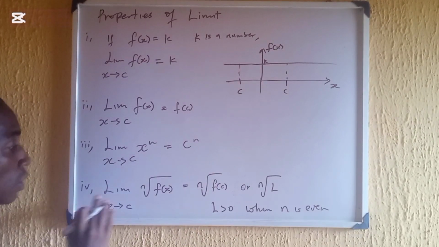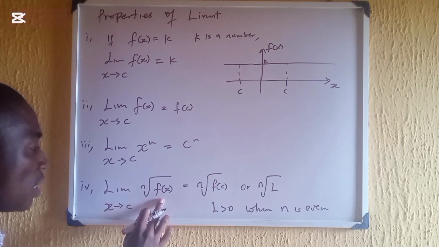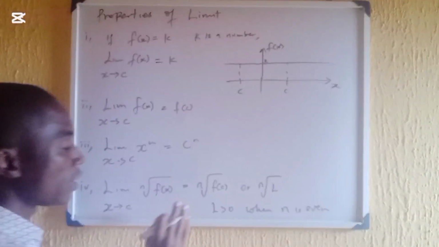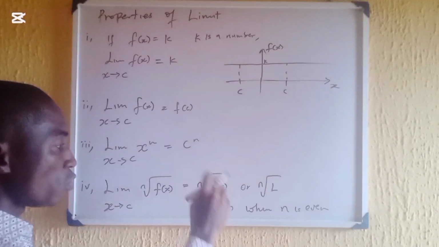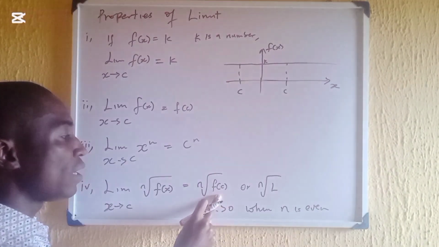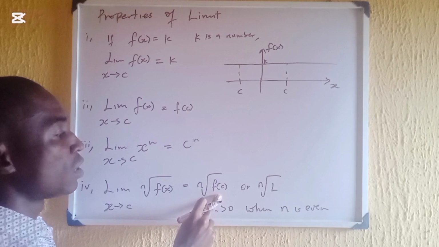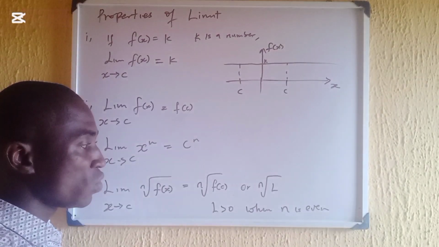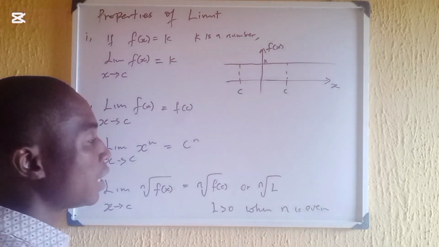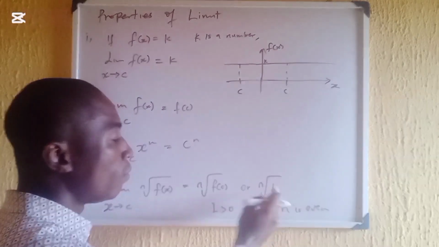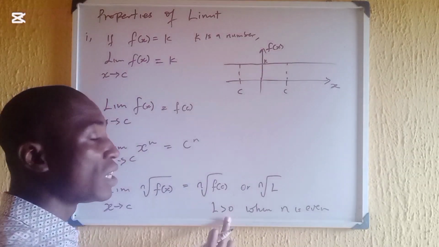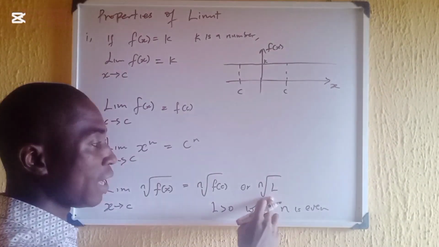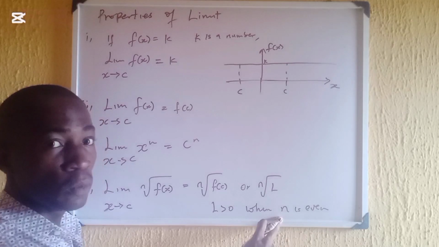Then for the fourth one, limit of the nth root of f of x as x approaches c is equal to the nth root of f of c. So replace x with c in the function, but if replacing it gives you something intermediate or whatever, and by other means you're able to calculate the limit, we can now say nth root of L. But the condition is that L must be greater than 0, because whenever L is negative and n is even, the function will be undefined.